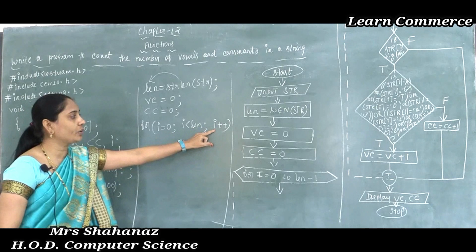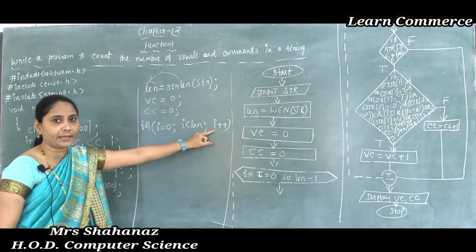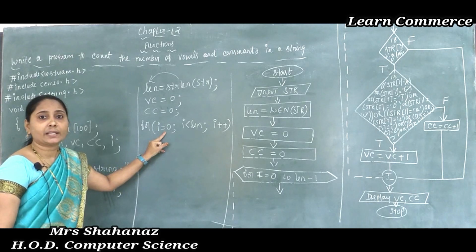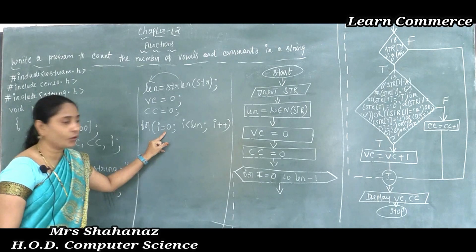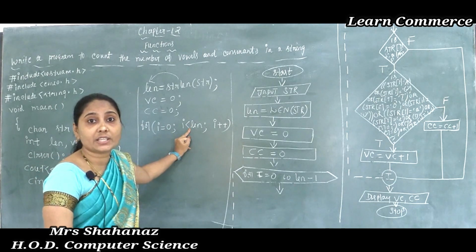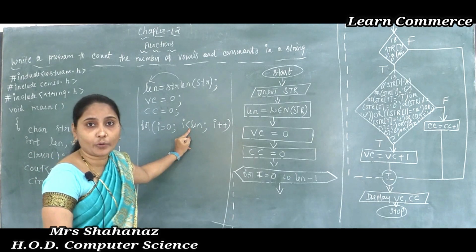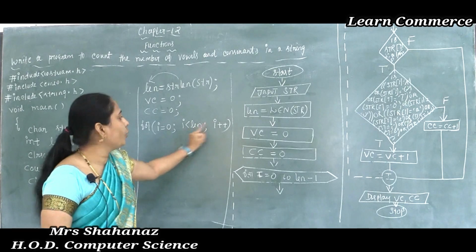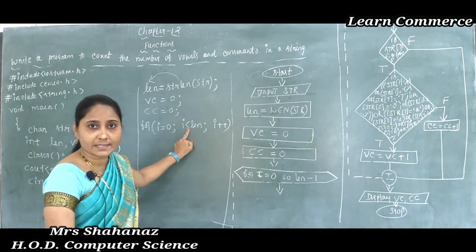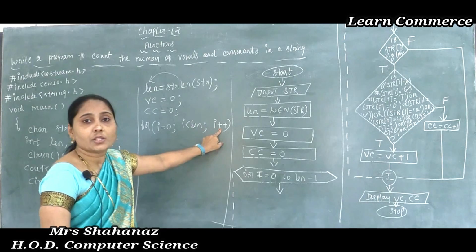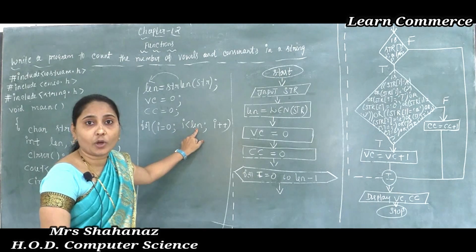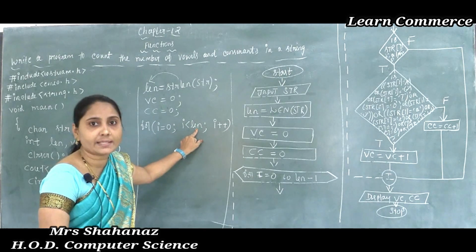Where do all the characters get added? For I is equal to 0, starting from character W, I less than len, the total length is 16. So when you compare 0 with 16, yes, it is added. Now second time 1, 1 is less than 16, yes. Next time 2 is less than 16, yes.